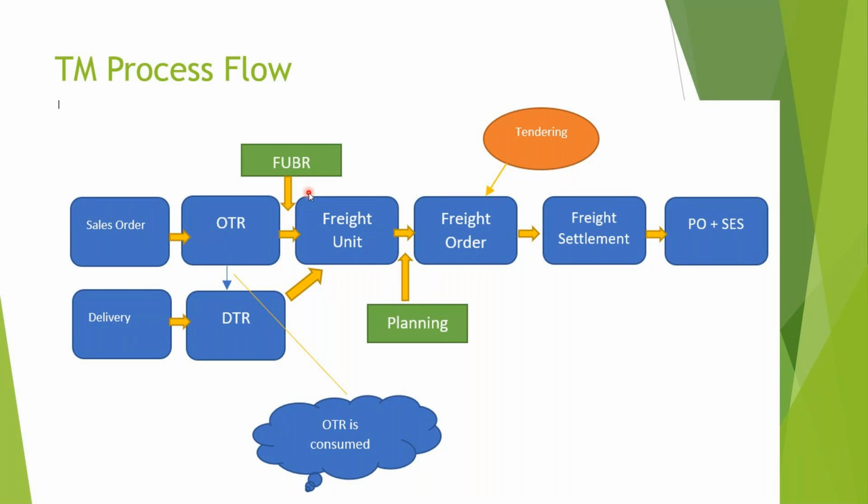You want to make sure that whenever you build your freight units, every one is exactly 1 ton or less, but not more than 1 ton, so that it is easy for the planner to plan the truck.